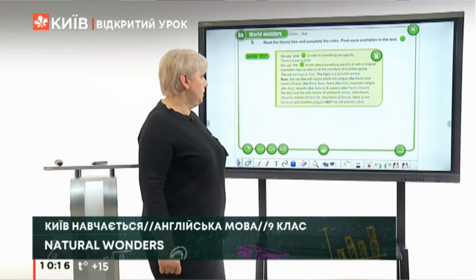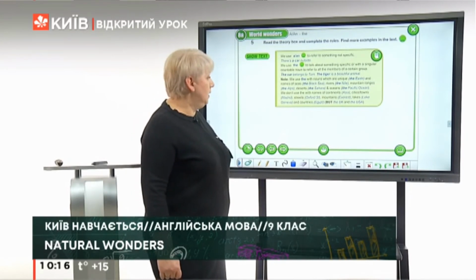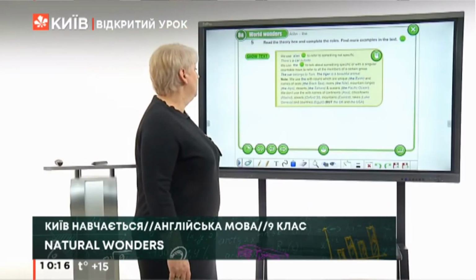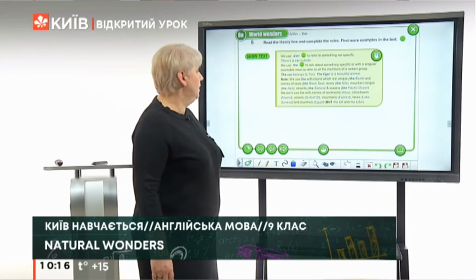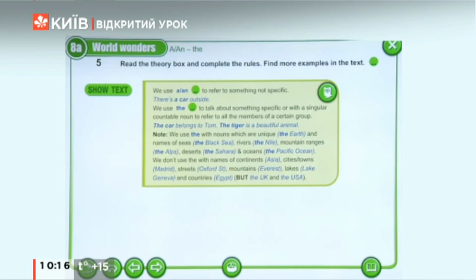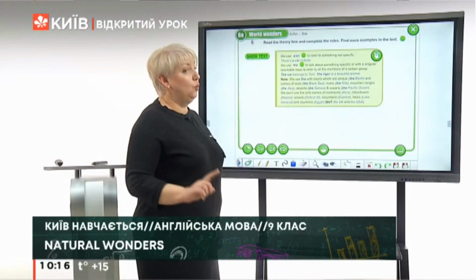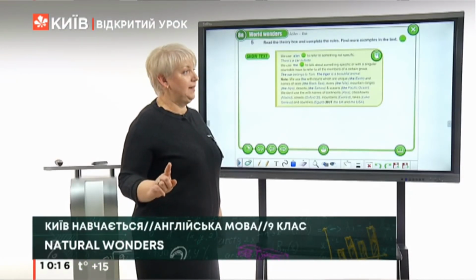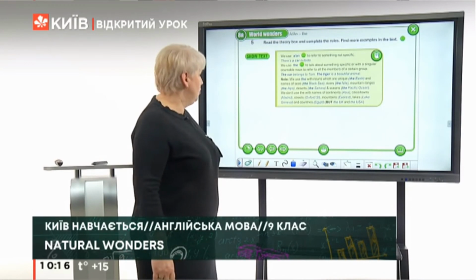And don't use the with the names of continents like Asia, cities or towns like Madrid, streets like Oxford Street, separate mountains, do you remember? Everest. Lakes, all water resources except the ones I mentioned: Lake Geneva. And countries: Egypt.